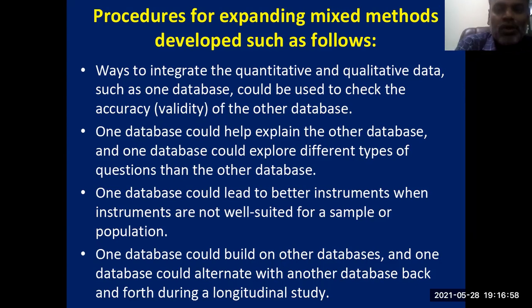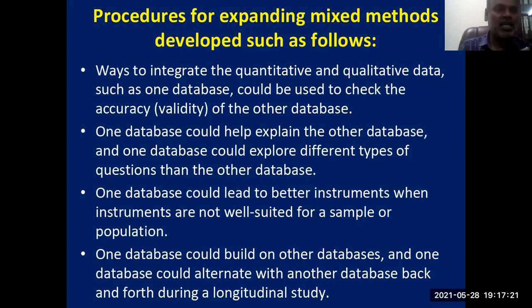One way to integrate the quantitative and qualitative data is that one database would be used to check the accuracy of the other database. So the purpose of mixing both qualitative and quantitative is one way of checking the validity of our data. In a simple way, one database can be checked with the other database.